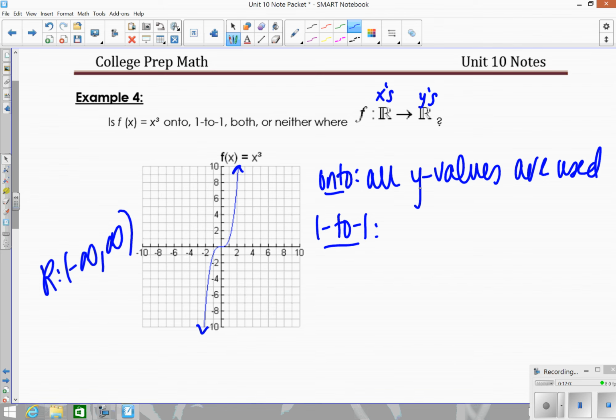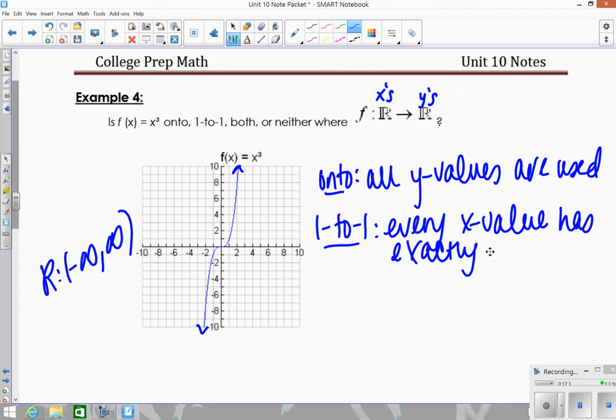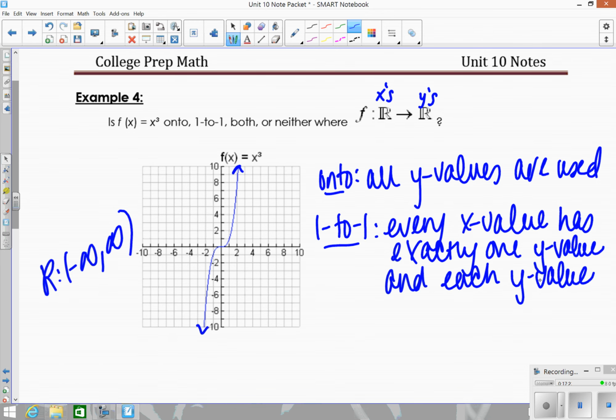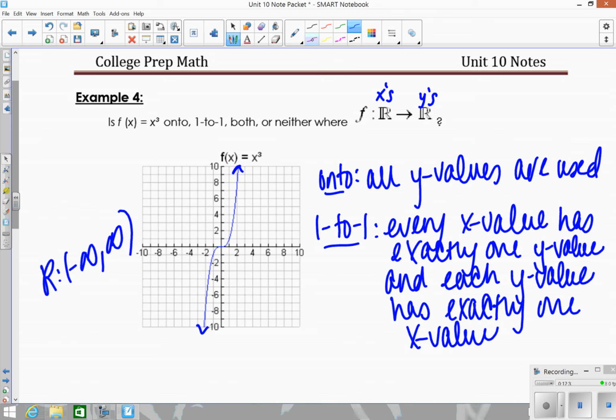So it is 1-to-1 because every x value has exactly one y value, and each y value has exactly one x value. So this function would be both, or bijective, because it's onto and 1-to-1.